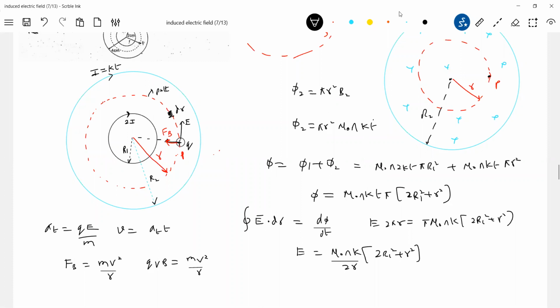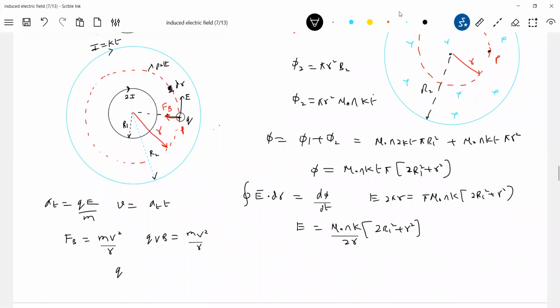So I think here we'll do one thing. First we'll take it out. This much here. Mu naught n kt. This should be equal to m v by r, what you can write as qE by m into t. So the t also gets cancelled, and you know value of phi.